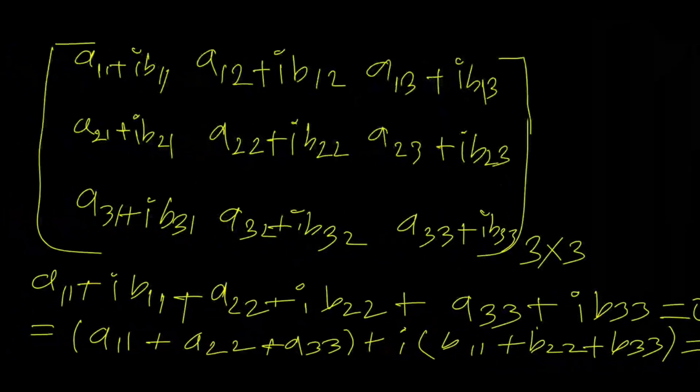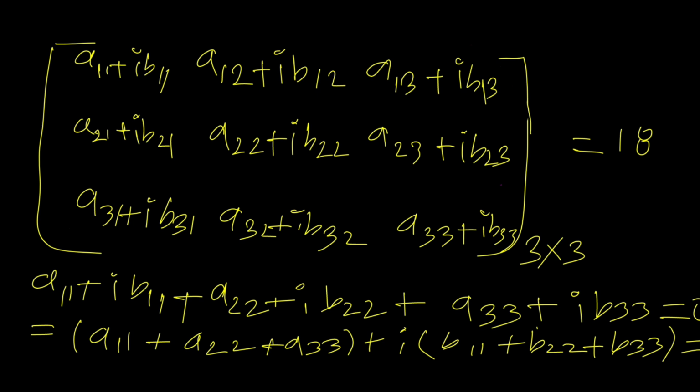In this matrix, what are the total elements? We find there should be 18 elements. In a given 3 cross 3 matrix with complex entries, the number of elements is 18, which is the dimension without the condition trace of A equal to 0.